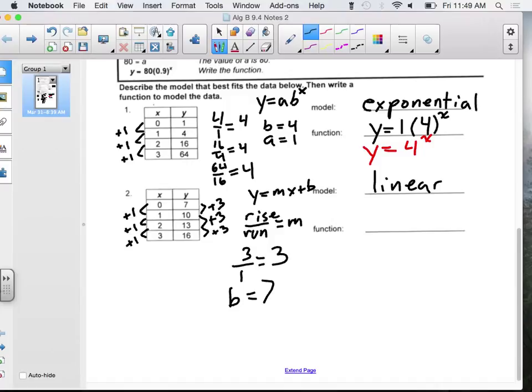So when x is 0, what is y? 7. Right there. So we have our m and our b, right?